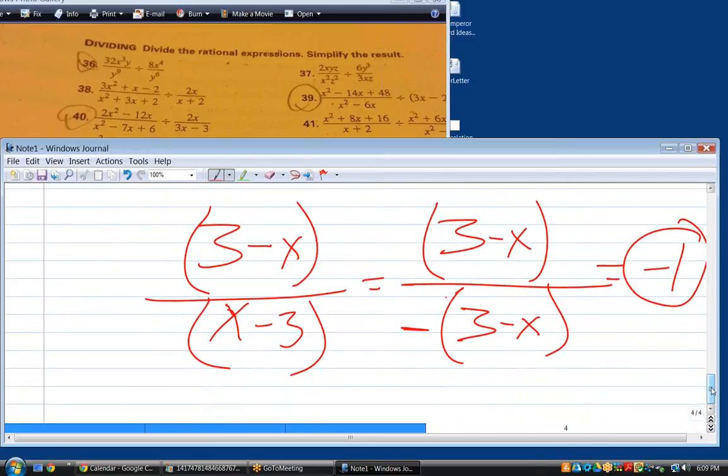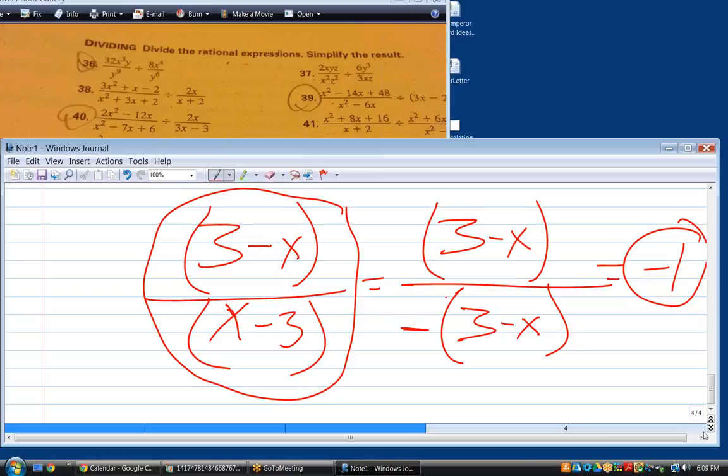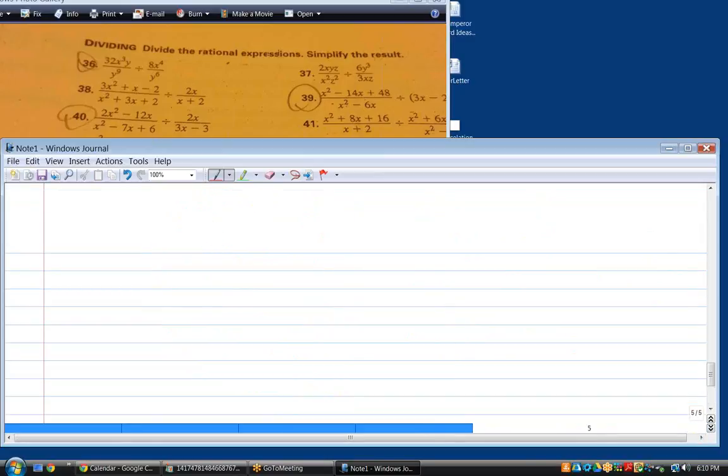Well, the only time you can cancel out if they're not identical is this situation here, where one is the negative of the other. And the important thing to remember is that a minus b is always equal to the negative of b minus a, no matter what a and b are. All right. And that comes into play on some of the harder problems here.